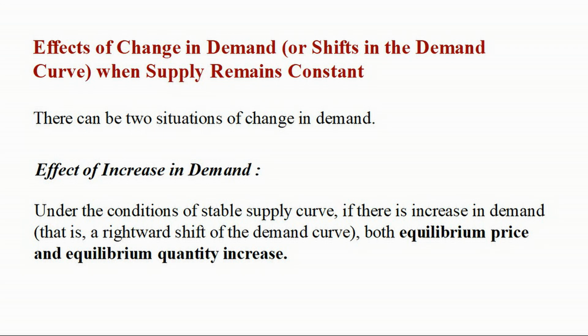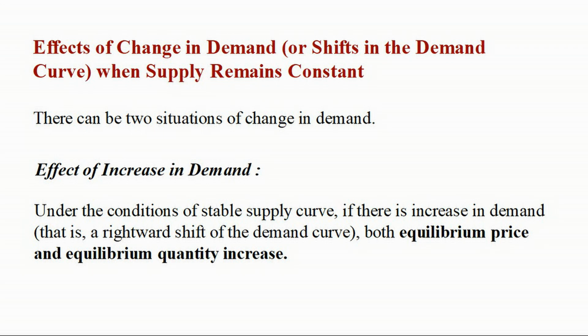There can be two situations of change in demand. Effects of increase in demand. Whenever there is an increase in demand, what will be the impact on equilibrium price and equilibrium quantity? Under the condition of a stable supply curve, which means there is no change in the supply curve, if there is an increase in demand, that means a rightward shift in the demand curve.